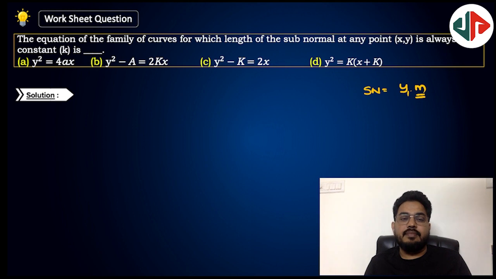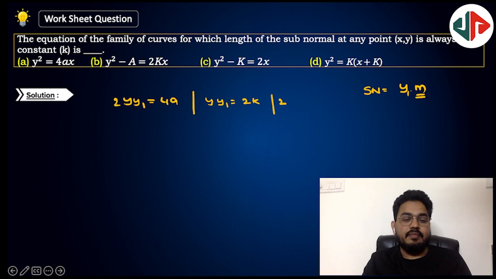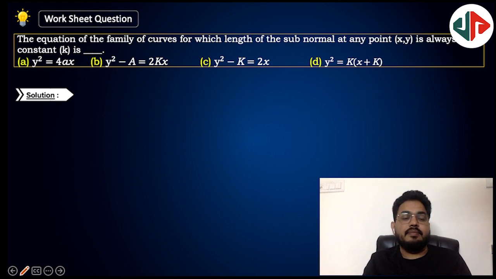It's always constant. So if you take the first curve, y1 is equal to 4a. If you take the second curve, y1 is equal to 2k. Sorry, I'm repeating again. So the family of curves for which length of subnormal is y into y dash is equal to the length of subnormal.